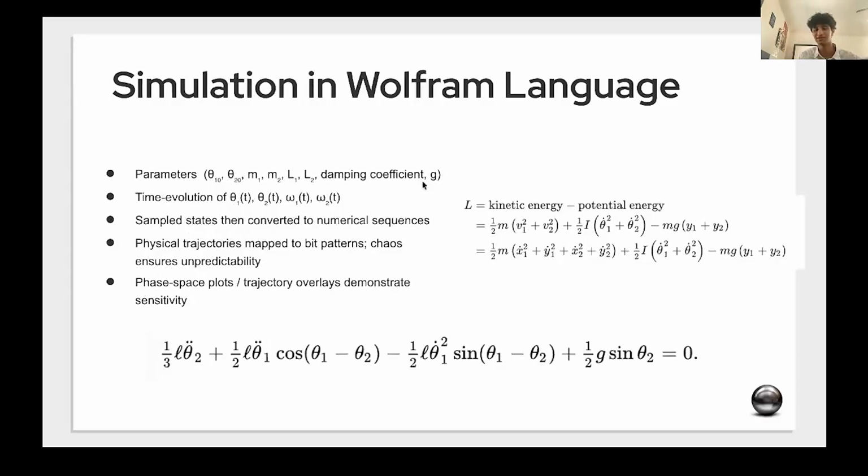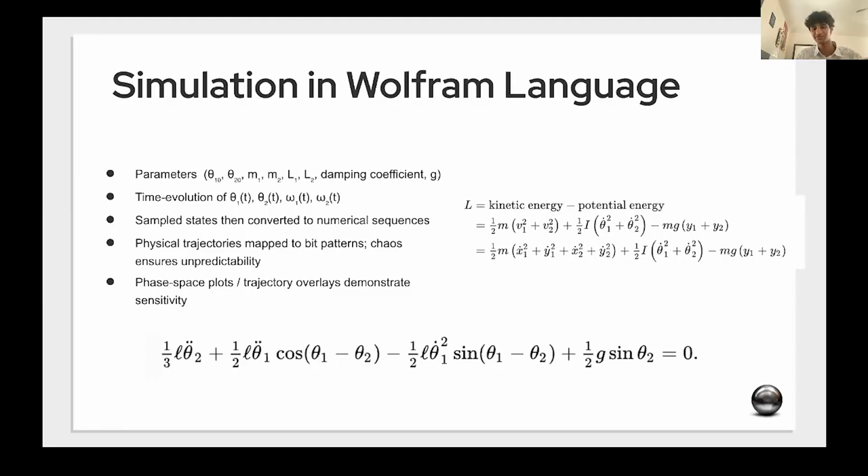As for how we went about simulating this in Wolfram, we used a Lagrangian approach, which at its core is just kinetic energy minus potential energy of the system. Using this, we can get an equation for the motion of the pendulum in terms of the two masses, the two lengths, and x1, y1, and x2, y2, the positions of the two bobs respectively.